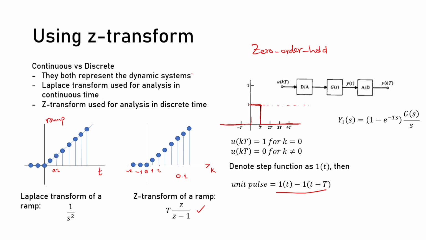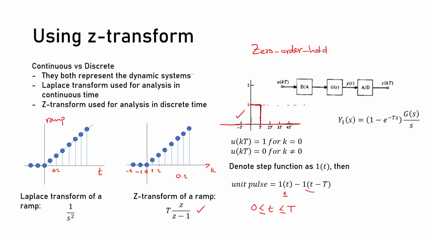Okay, let's see t less than 0. This one is 0. This one is also 0. So we checked this part. And what about t in between 0 and capital T? This one is 1.